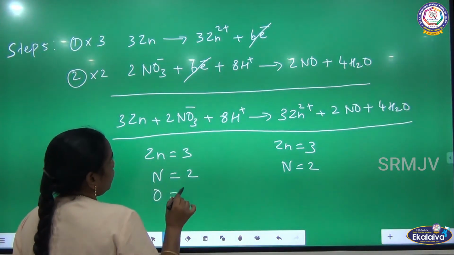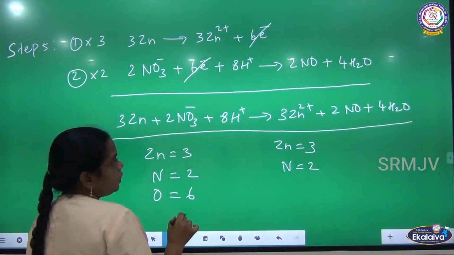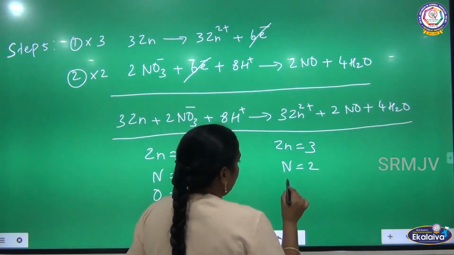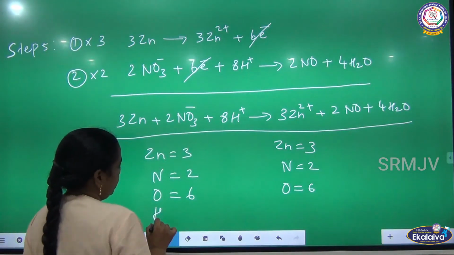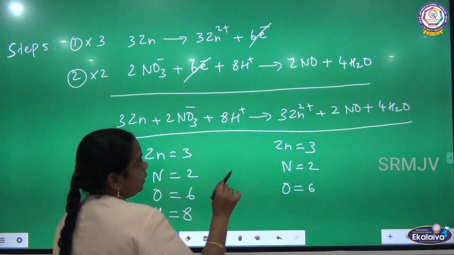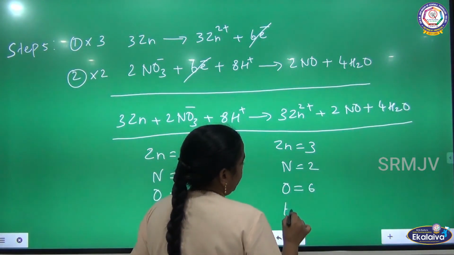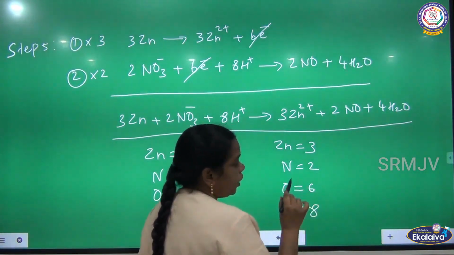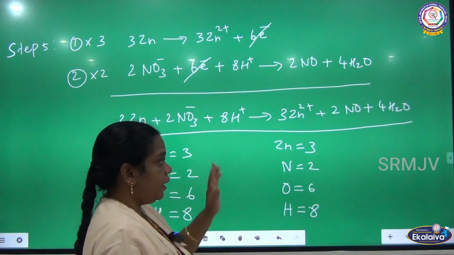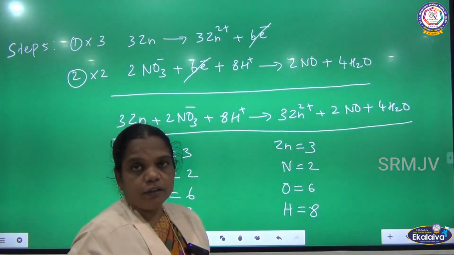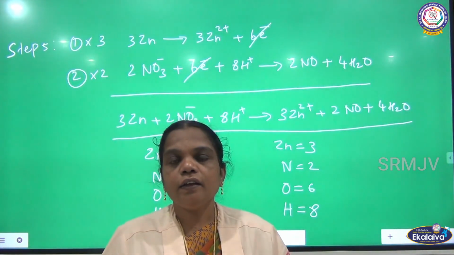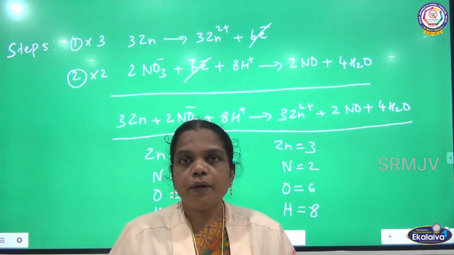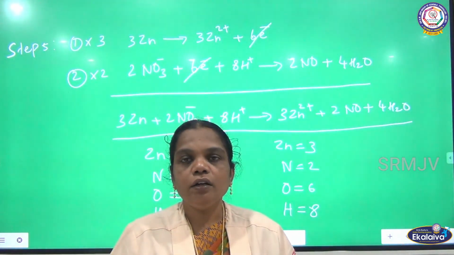Oxygen 3 into 2 is 6, here 2 plus 4 is 6 oxygen. Hydrogen 8, and 4 into 2 is 8 hydrogen. So now you have balanced all the elements in the given redox reaction. By this way you can balance the reaction by ion electron method.